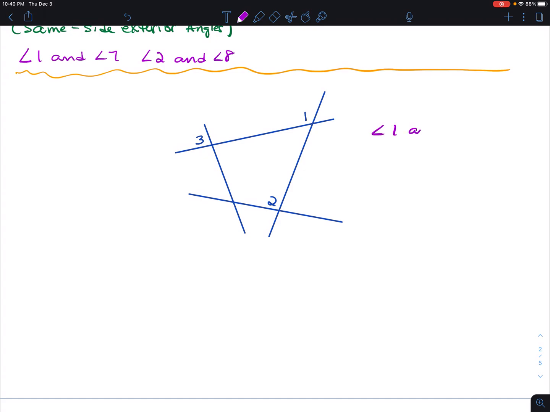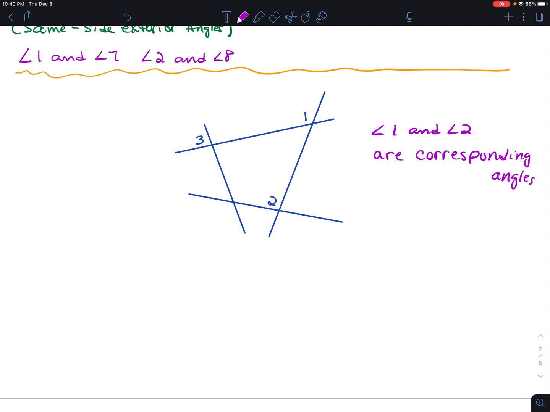Angle 1 and angle 2 are corresponding angles. If you put your hand over angle 3 and the transversal that includes angle 3, you could cover that up.